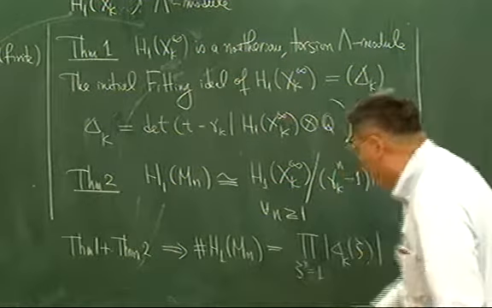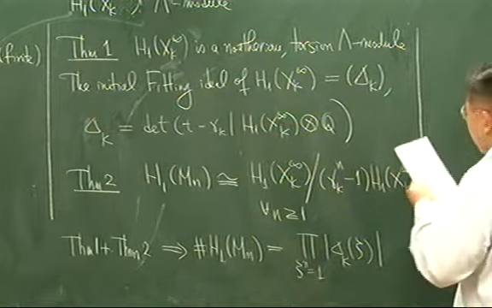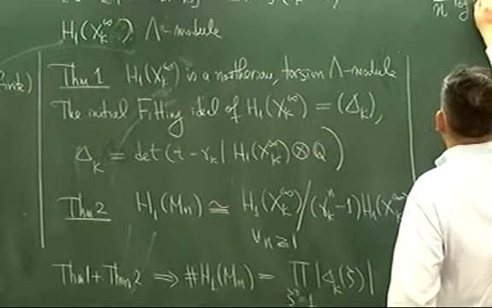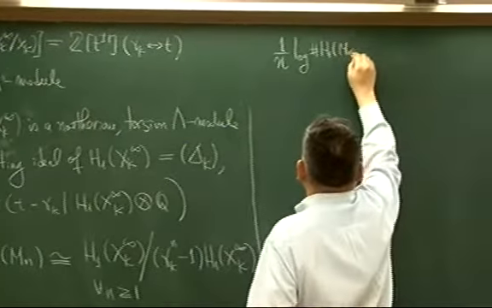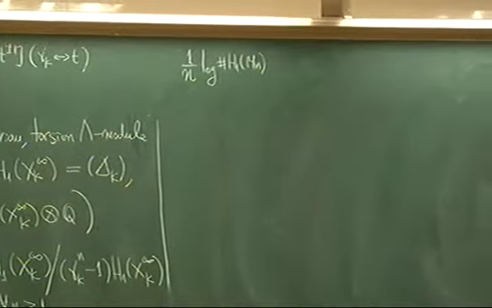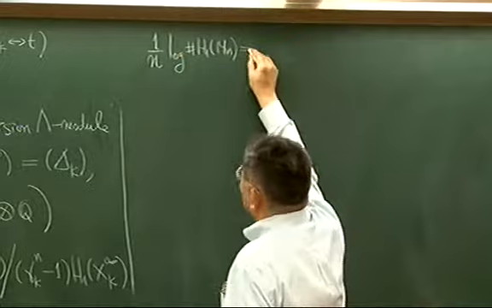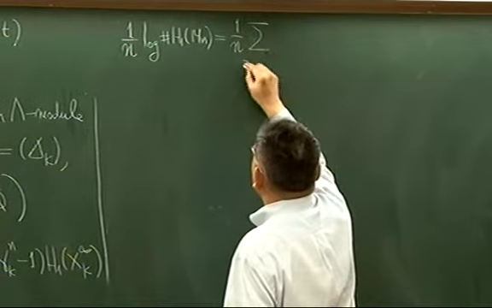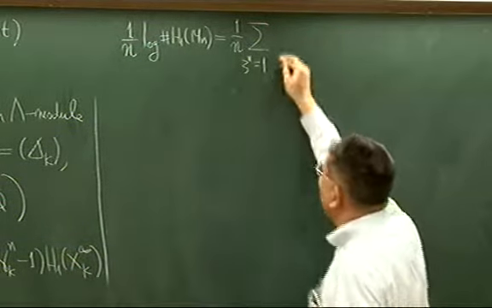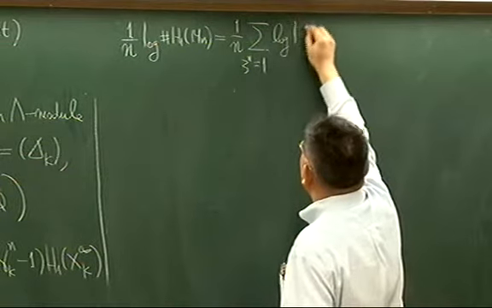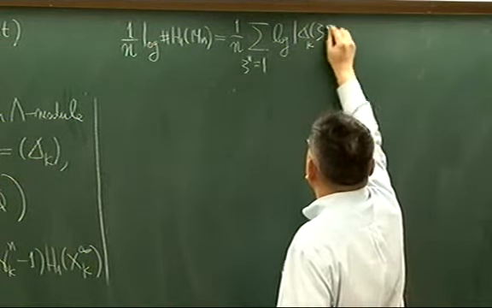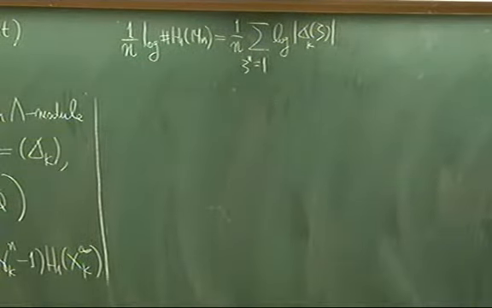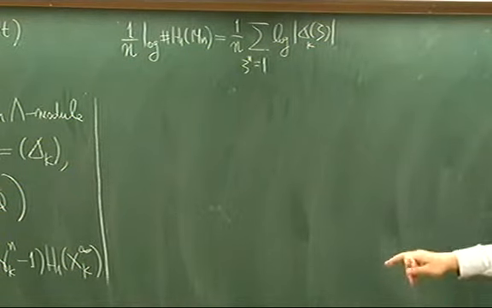By this formula, we easily see, by elementary calculus, let's compute 1 over n times the log of the order of the homology. Then by this formula, this is 1 over n times the sum of the log of the absolute value of the Alexander polynomial at the n-th roots of unity.